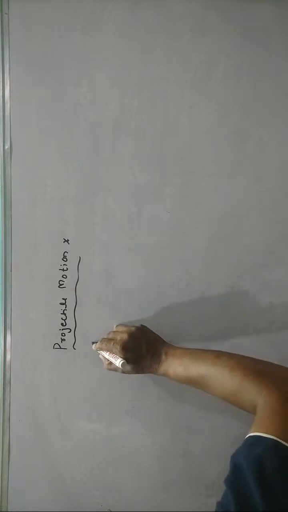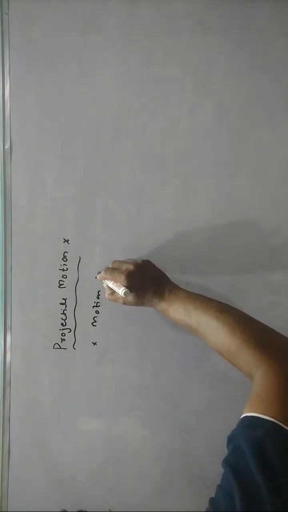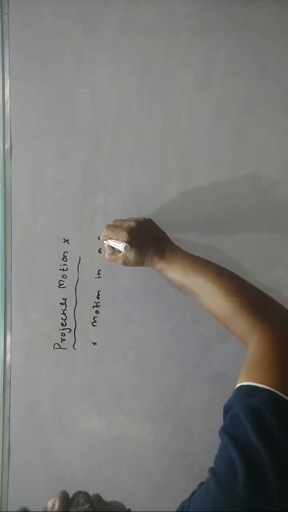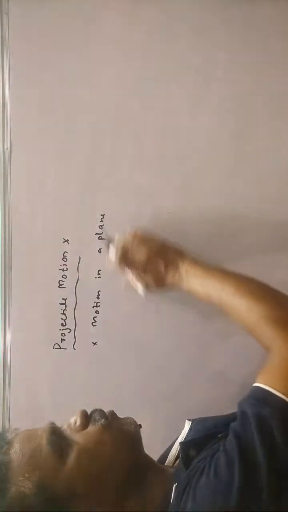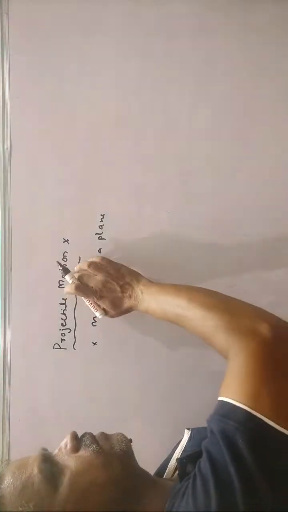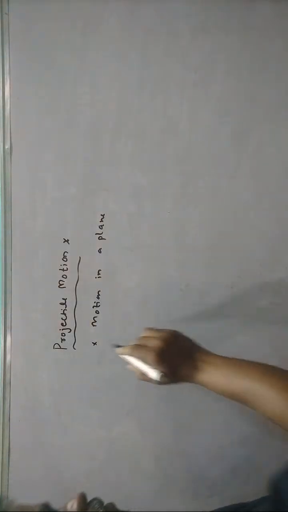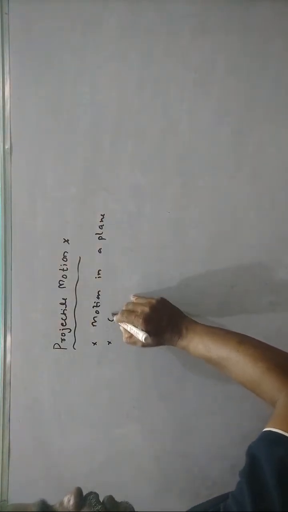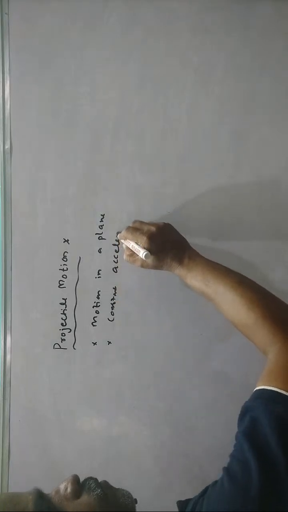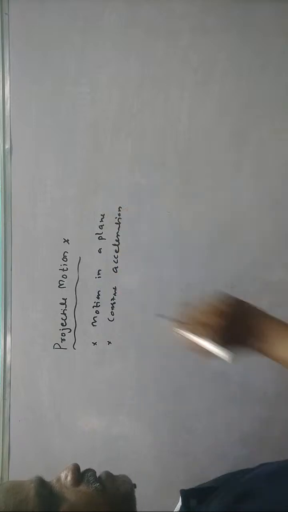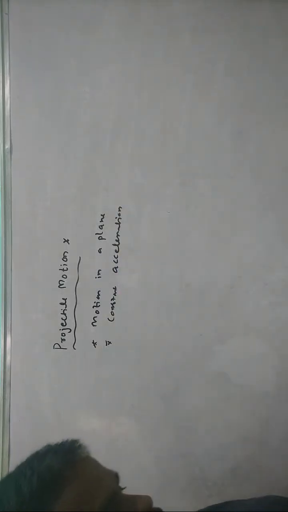Projectile motion is the motion in a plane. So the body should move in a plane only. Then we can call it projectile motion. Then it should move with constant acceleration. So just you write these two points for projectile motion.